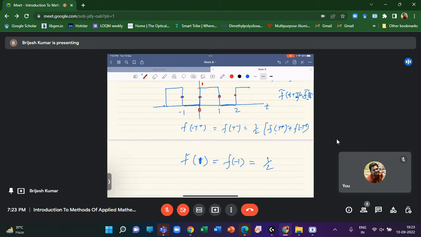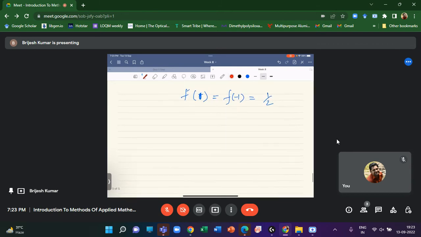After that, if we want to find the Fourier series of such a function, then we have to solve something like f of t cos of n pi x by l dx. This type of integral we have to solve.